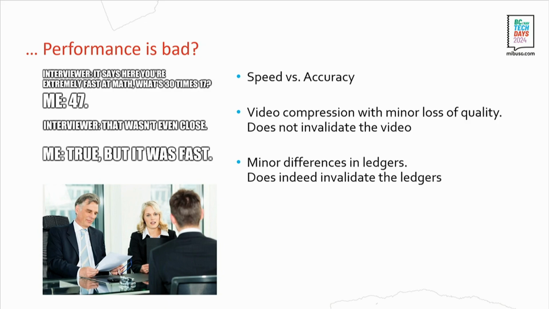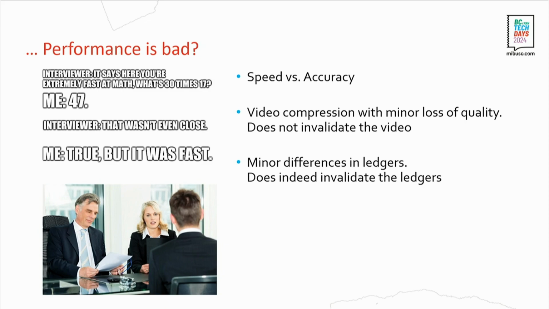You do not end up with a video you cannot watch anymore, at least depending on the compression, but you can really reduce the file size. Minor differences in ledgers, I don't know. I mean, if you increase the performance of the whole application, but you sometimes have a few cents of difference in the ledgers, and you can't explain why anymore, but it's faster. So, not sure if that's the same case.